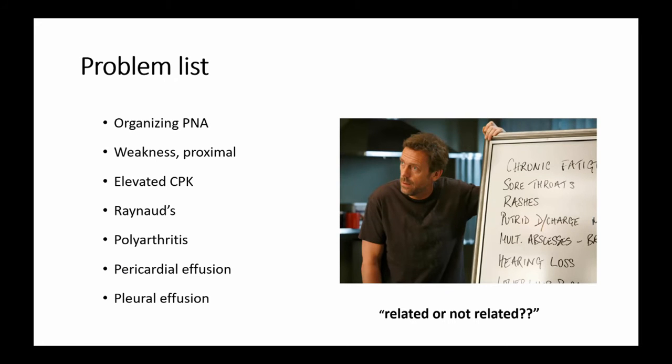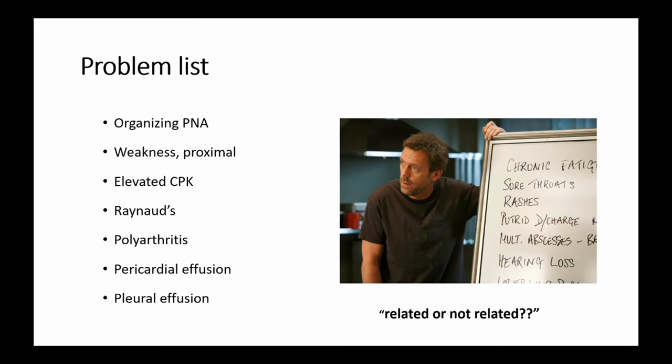Patient with recent diagnosis of organizing pneumonia, proximal muscle weakness, elevated CPK, Raynaud's, polyarthritis, and pericardial and pleural effusions. When you make a problem list, you have to ask yourself, are these things related or not? In this patient with a rare condition, who several months later had several other symptoms present around the same time, I would most likely say these are more than likely related.